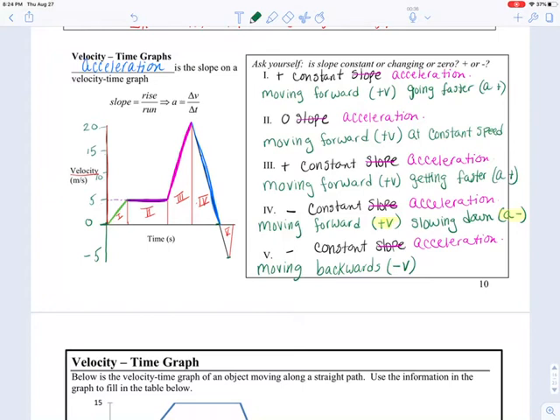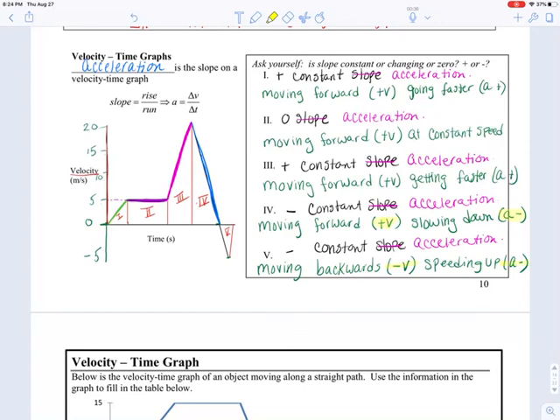So now I'm going faster than I was at the start of section 5. So I'm speeding up. Why am I speeding up? So look at the sign of my acceleration, which is negative, and my velocity, which is also negative. So when velocity and acceleration are in the same direction, you're always going to speed up.